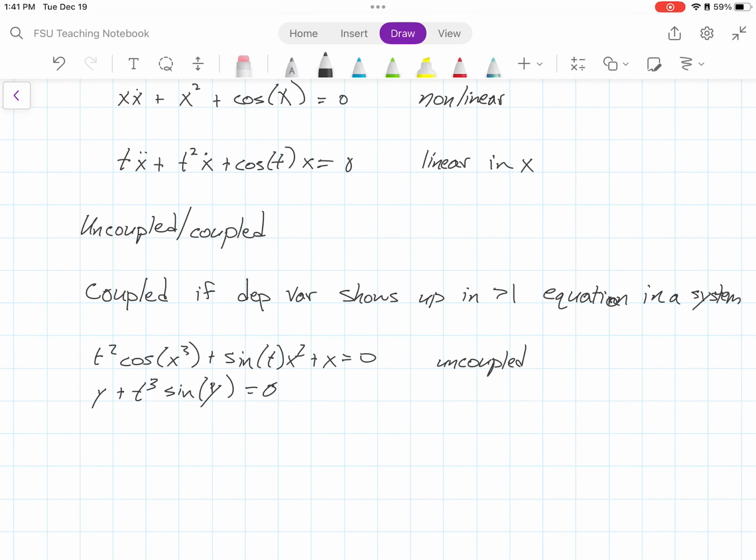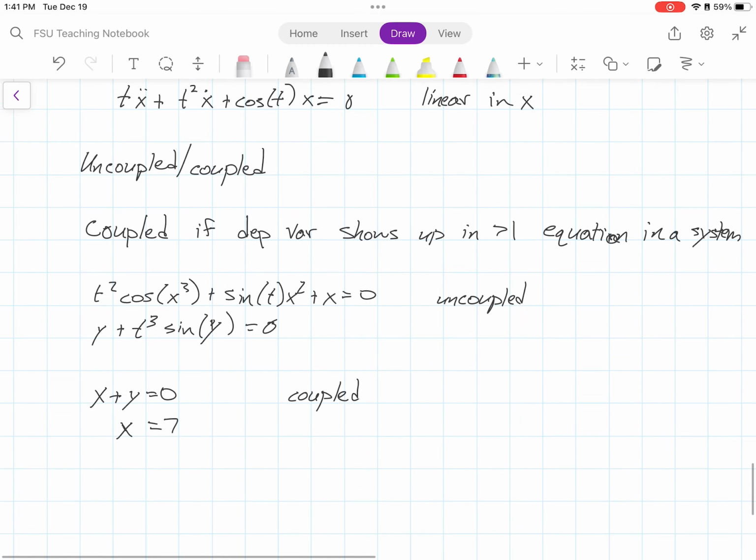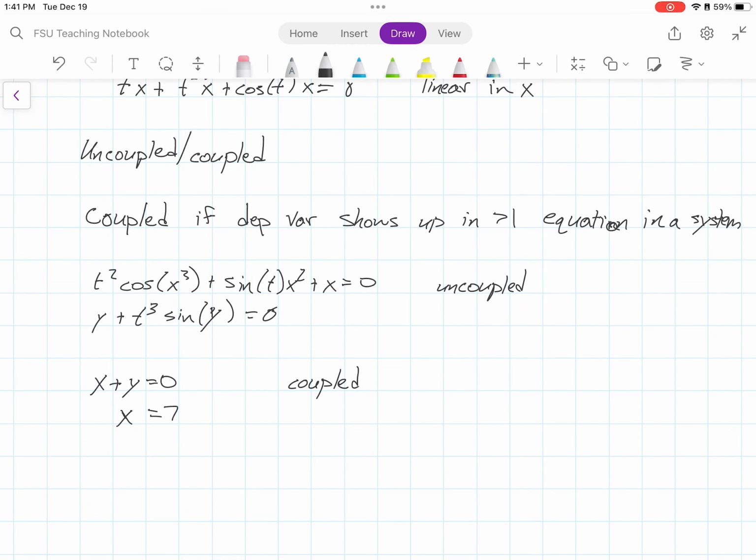In the first equation, you only see x as the dependent variable. In the second equation, you only see y. If, on the other hand, you have a system that says x plus y equals 0 and x equals 7, this is a coupled system. Specifically, it's coupled in x. X shows up in more than one equation in the system.